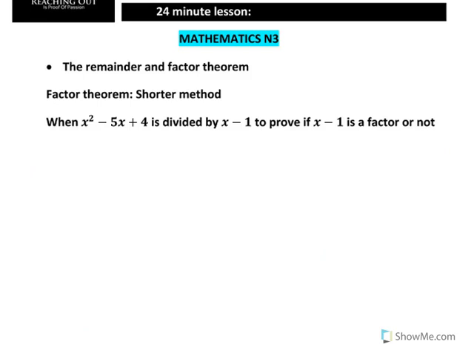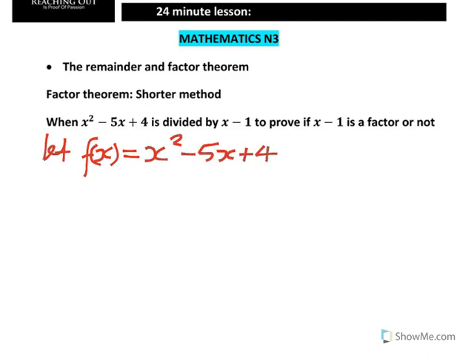However, there is a shorter method if you want to prove that x minus 1 is a factor. How do you do it? You say, let f of x be equal to x squared minus 5x plus 4.